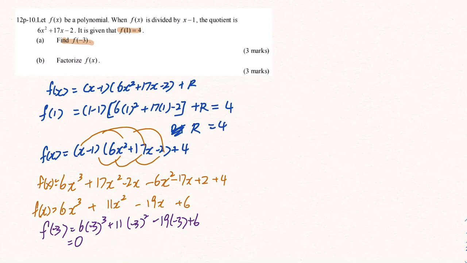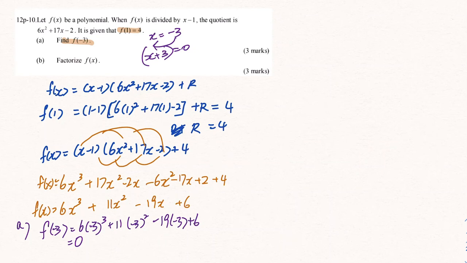If you are using the remainder theorem, if the remainder is 0, that means this thing is actually a factor of the whole f(x). Do we say minus 3 is a factor? No. We say that if we move this negative 3 to the other side, it becomes positive. So x plus 3 is the factor. Congratulations, we have a factor. We will have to use it in a while, because for question B, it's a factorization.